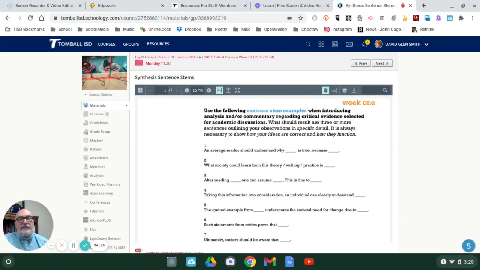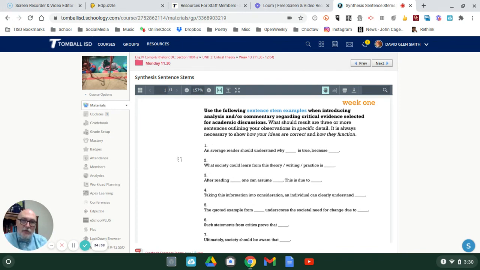That's building up synthesis. You can add a critical thought that you've read, or just back it up with another observation you have, but you have to prove without a doubt that the word true is a valid observation on your part.